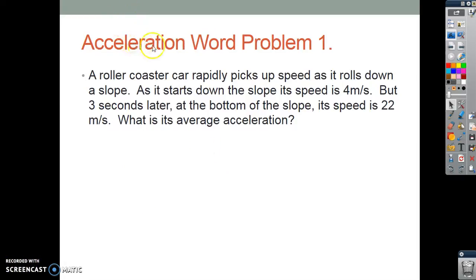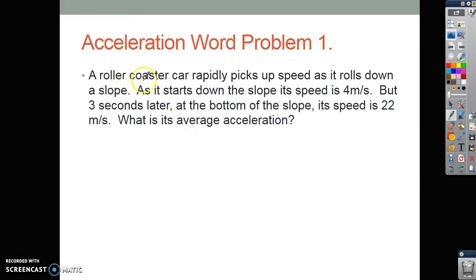All right, let's practice acceleration word problem number 1. So we talked about earlier that a roller coaster can rapidly pick up speed as it rolls down the slope. So in order to solve this, you need to first know the formula.